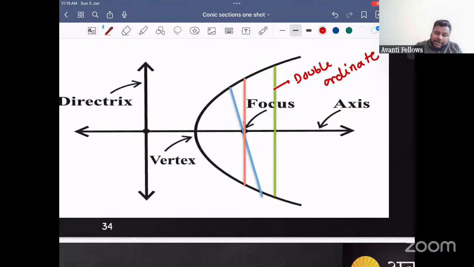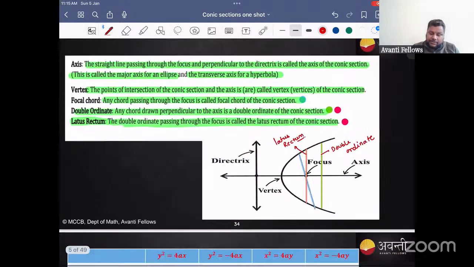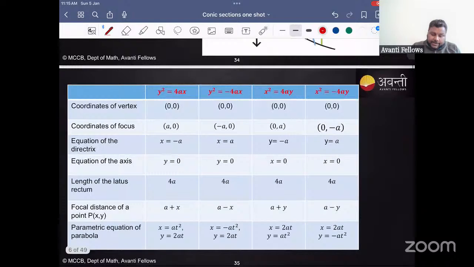And a double ordinate which is passing through the focus, or a focal chord which is perpendicular to the axis, that is what we call the latus rectum. Got it?